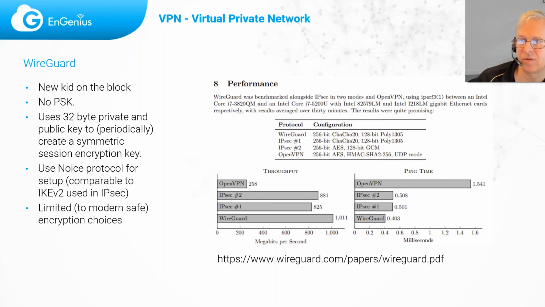And it's limited to modern, safe encryption choices, so you have more choices with IPsec. I think the most important thing to note is that it should be more efficient and faster than IPsec. From what I'm seeing here, it's about 10 to 20% faster in speed, and it has a slightly lower latency than IPsec.